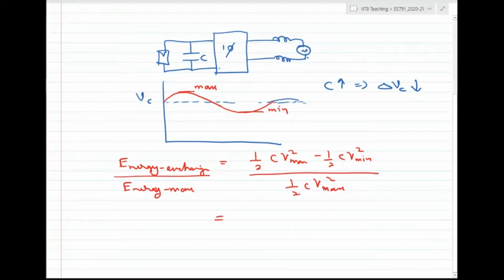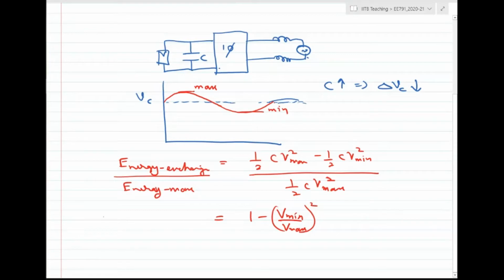So you see, if I simplify it, C will get cancelled out, half will get cancelled out. So what is left is 1 minus Vmin by Vmax square.